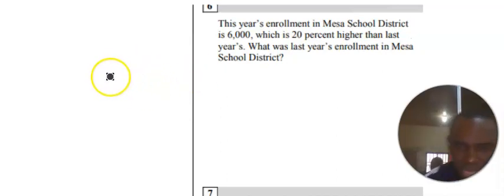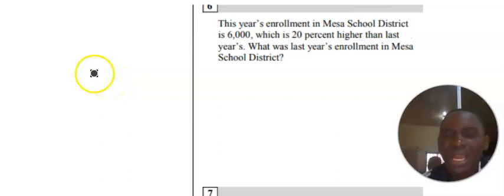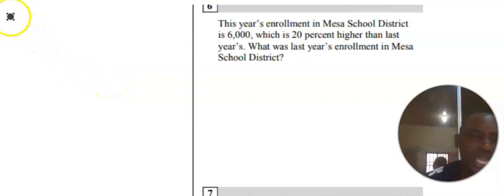So let's assume that last year enrollment is X. So X is last year enrollment.